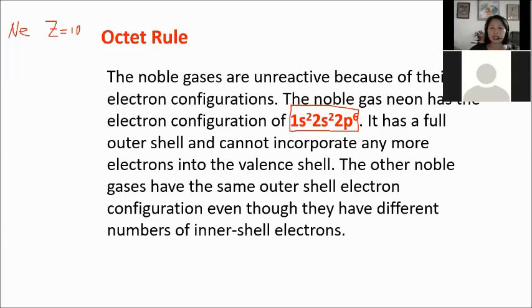So, pare-pareho yan sa mga other member ng noble gases na merong configuration na 2 plus 6 is 8. That's why na-belong ito sa group 8 na periodic table. Except, of course, helium. Kasi sa helium, meron siyang configuration na 1s2. But then, at 1s2, stable na rin sa helium, like other noble gases.